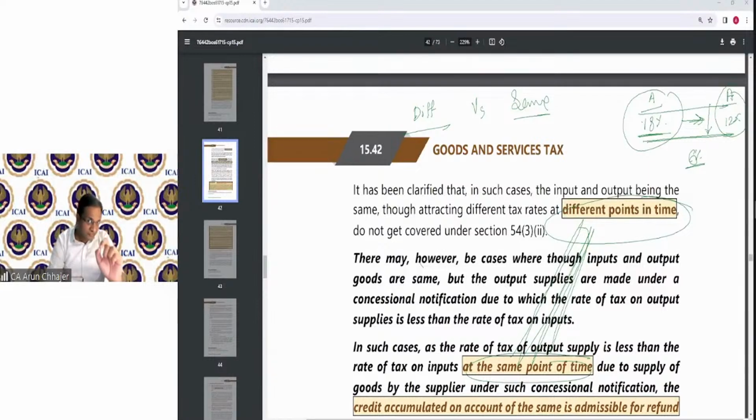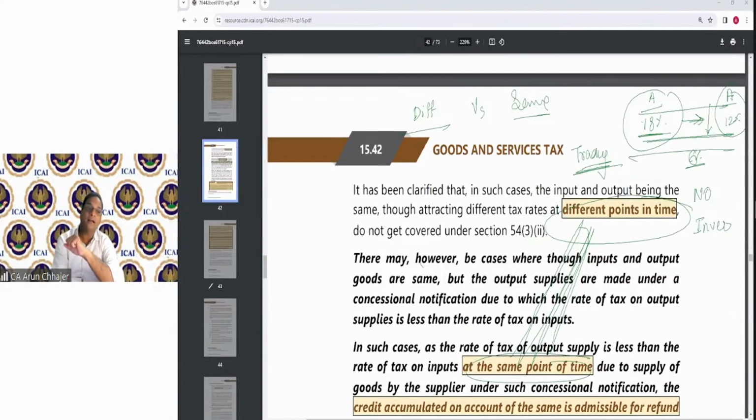If it is different at different point of time, then you are not covered under inverted duty. Trading is not permitted under inverted duty structure का refund. They are saying you purchase the product and make the product and having the different tax rate at same point of time. Different tax rate at the same point of time.